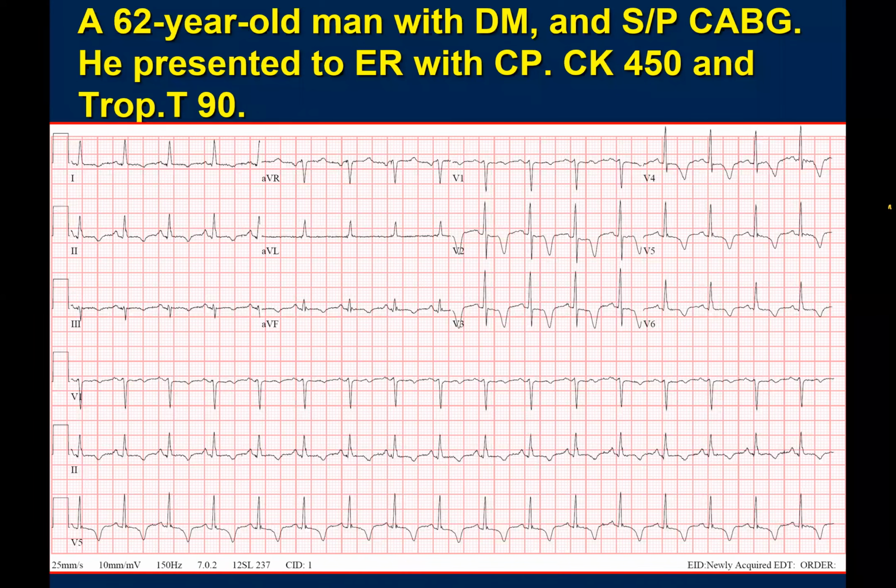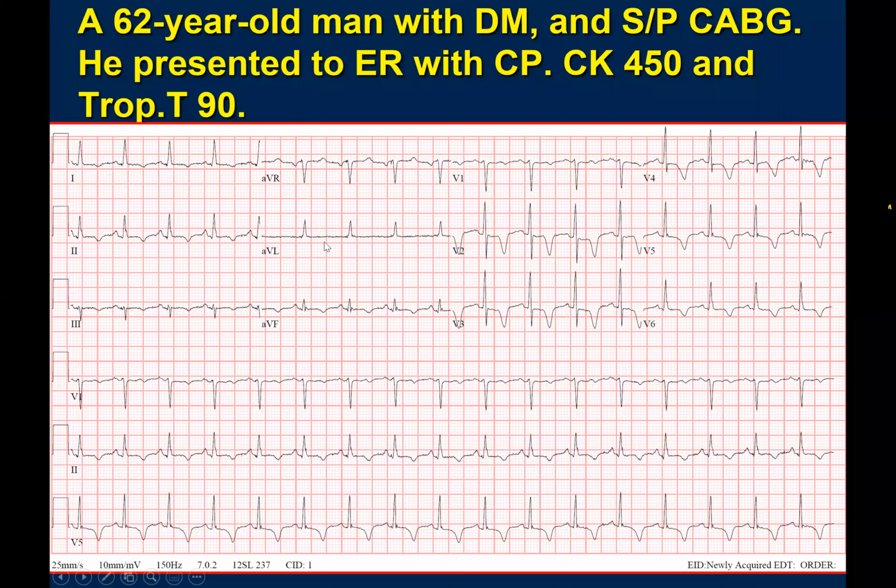Yeah, you're right. So basically, myocardial infarction is not always ST segment elevation, as you know, it could be non-ST segment elevation. How do you make the distinction? If the patient presented with typical chest pain and ECG changes with no ST segment elevation, it could be ST segment depression or T-wave inversion, and then you have positive cardiac enzymes, we are dealing with non-ST segment elevation myocardial infarction because there is already myocardial injury.